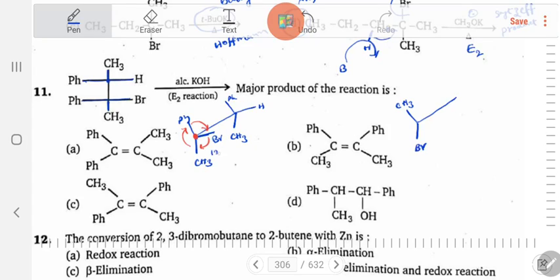Then bromine comes below the plane, CH3 goes to the place of phenyl, and phenyl comes to the place of bromine. So you will get phenyl here.